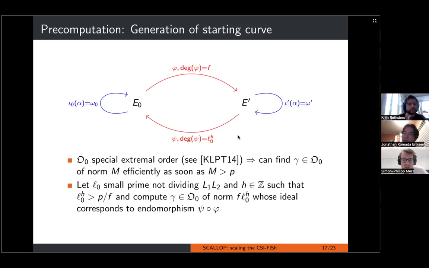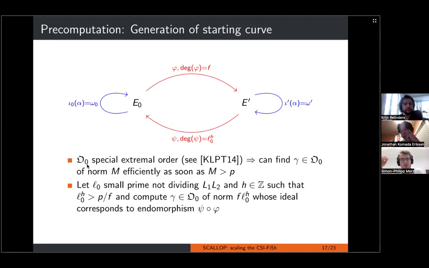I mentioned that, I said something like we can't find F directly or something like that. Maybe that doesn't make sense, but what I really meant earlier with why we can't use the special extremal order property was, if we are not above a degree that is larger than P, then we don't know how to find elements efficiently in O0 of that specific norm.